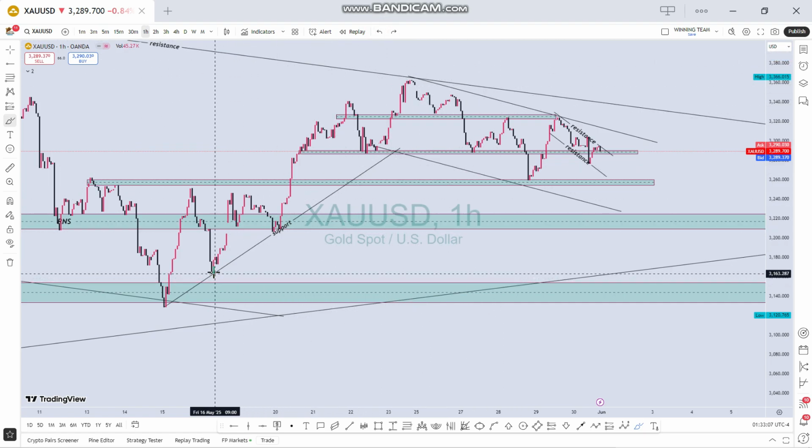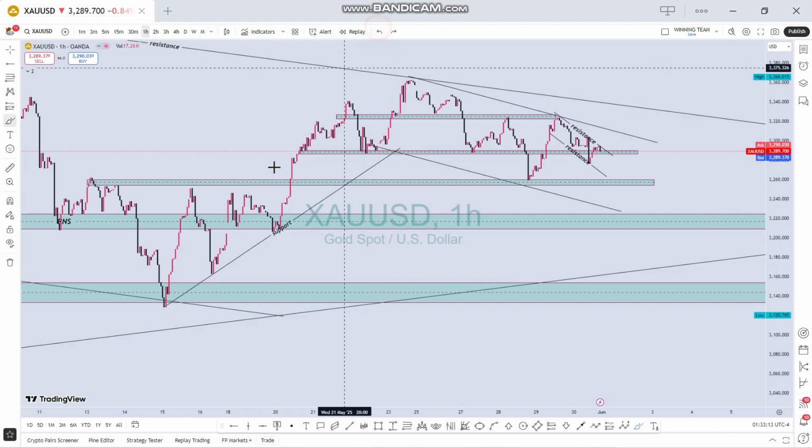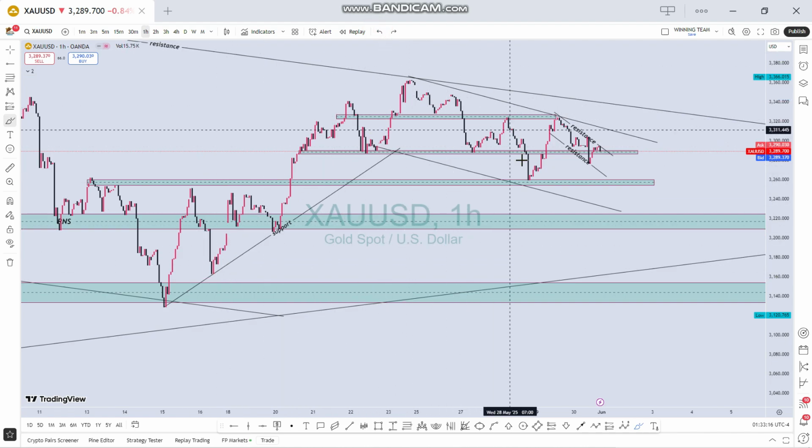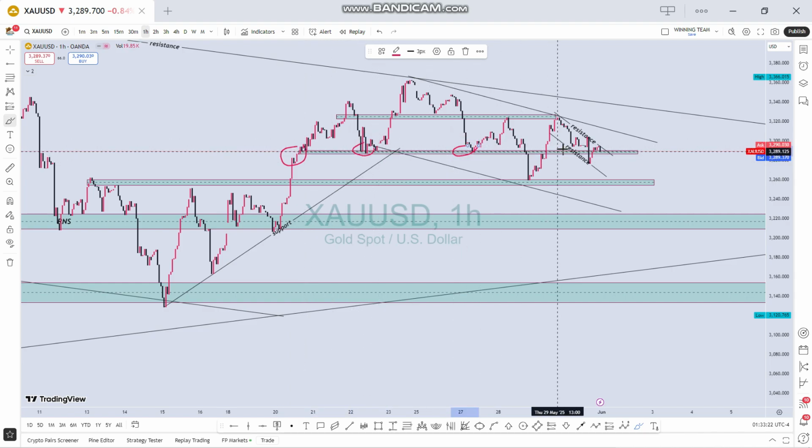Because you can see here it was making a series of higher highs and higher lows, which means that the market was clearly in an uptrend. But now we are shifting back, and the fact that we broke below this area here and are trading below it does tell us more about the direction of this trend at the moment.